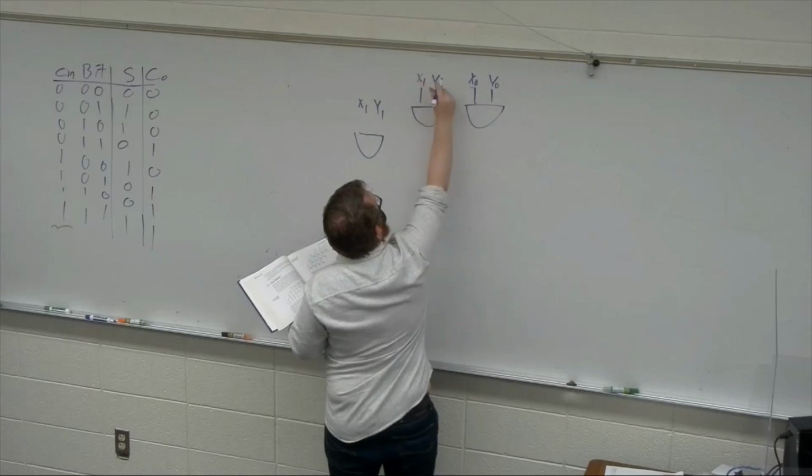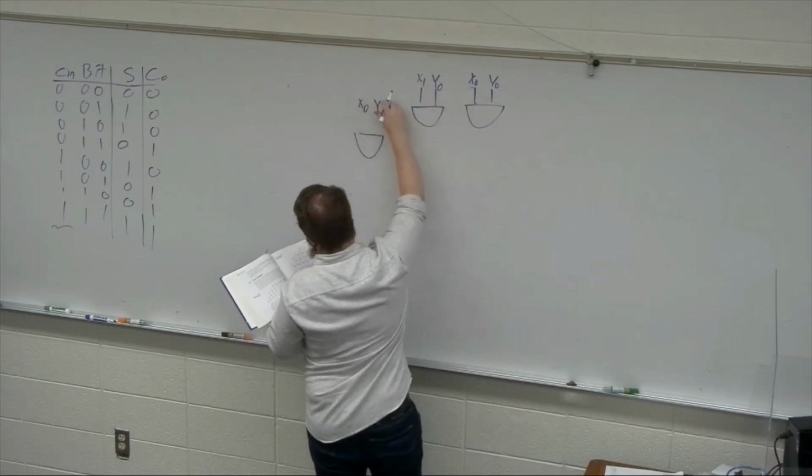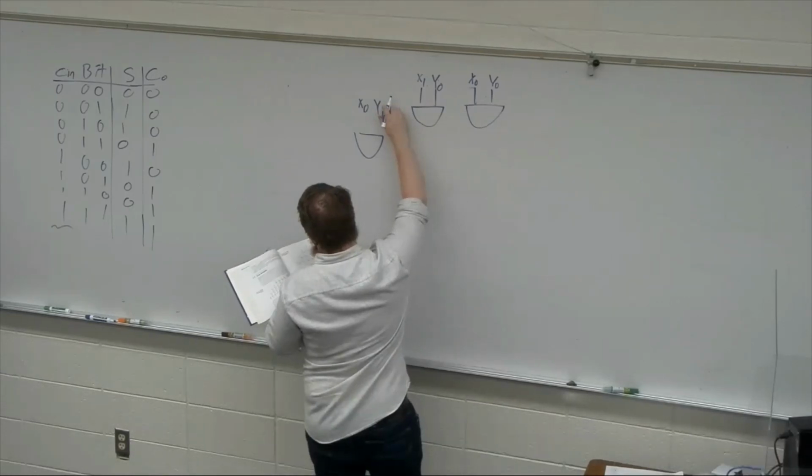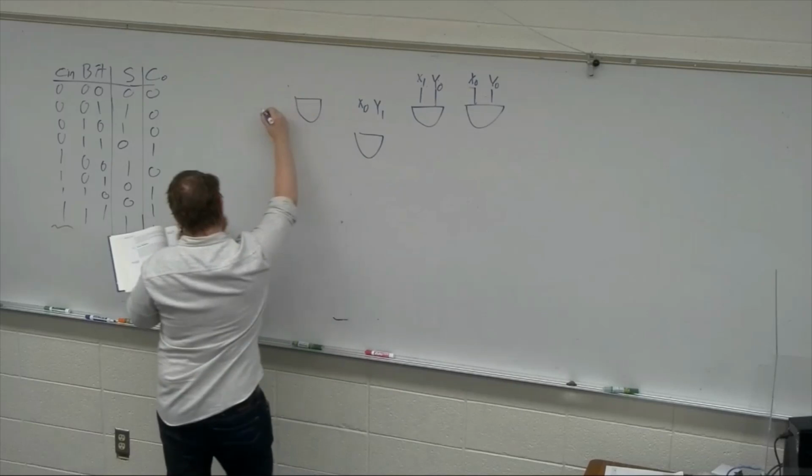I'm really bad at this, like looking up and looking down thing. X0, Y1. I need one more set of these just to make it clear, and I'll stop with that in a minute.